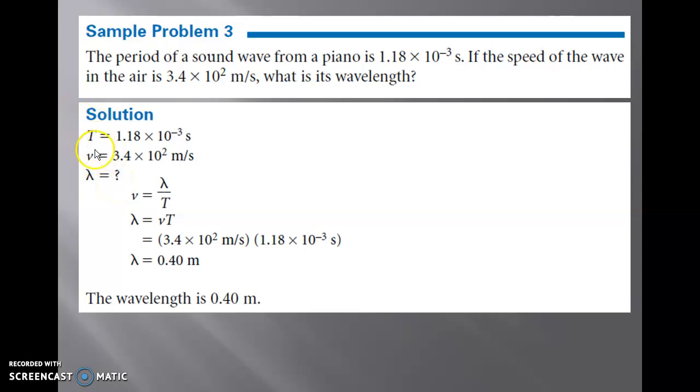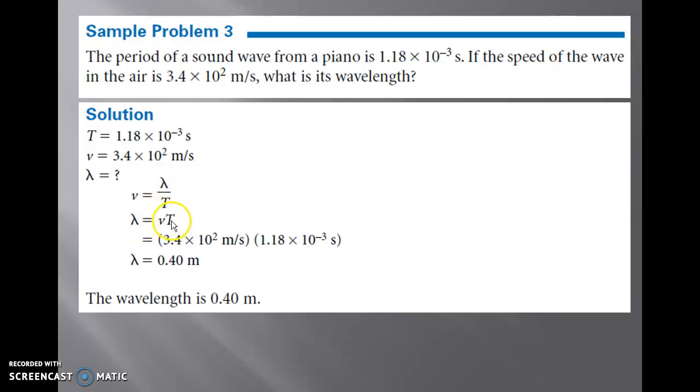So the formula of speed that suits this, when you have period and wavelength, is speed equals wavelength over period. I gave you 3 formulas for the speed. From here, we are looking for wavelength, so cross multiply to find wavelength. Wavelength becomes speed times period.